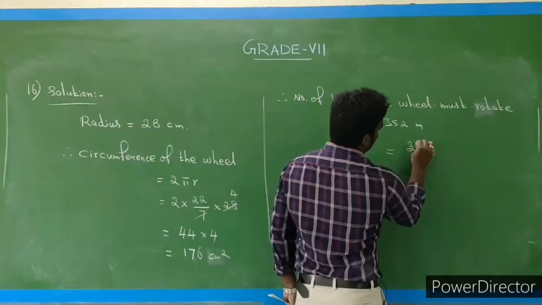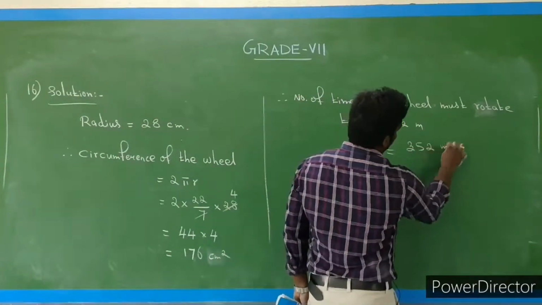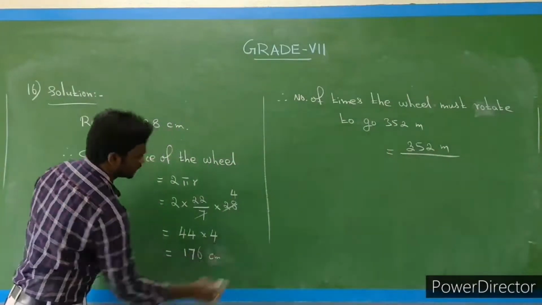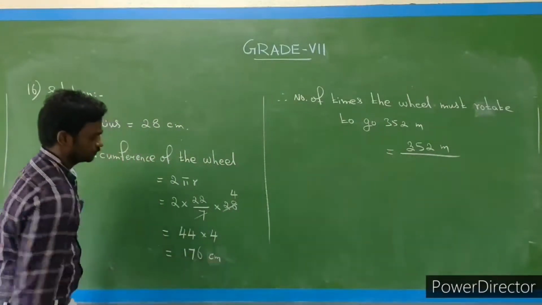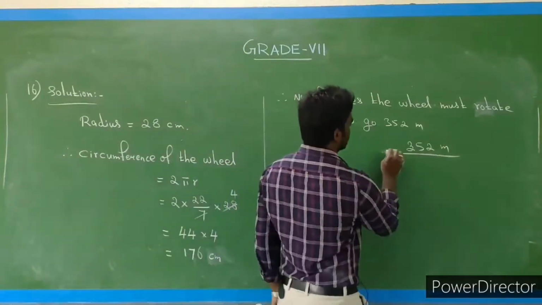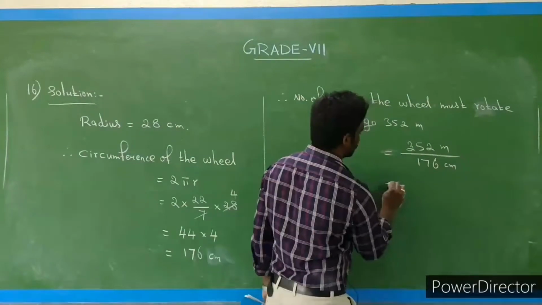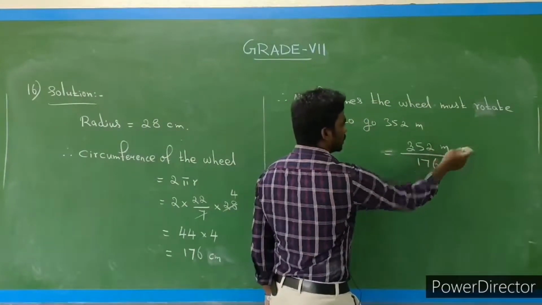We can divide 352 meter by the circumference, 176 centimeter. How to convert a meter into a centimeter?